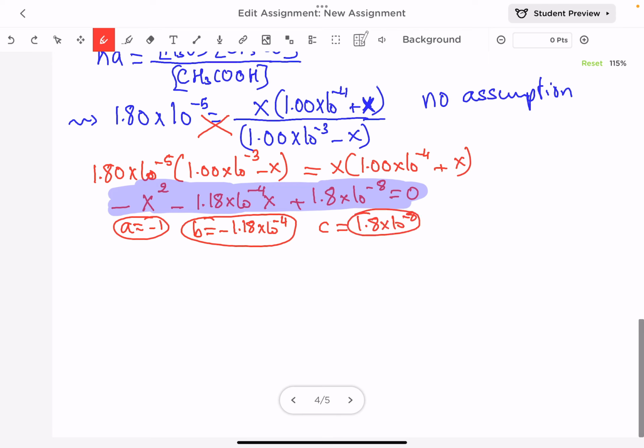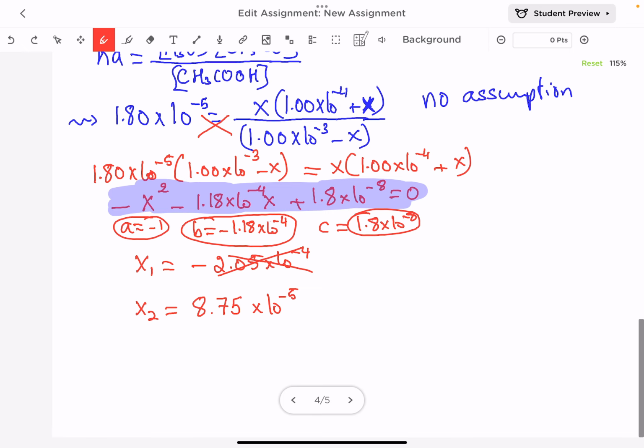Once you enter these values, your calculator will give you two values for X. The first value is negative 2.05 times 10 to the power negative 4, which is impossible, a value to discard because the concentration cannot be a negative value. While the other correct one is 8.75 times 10 to the power negative 5, which is a logical answer.